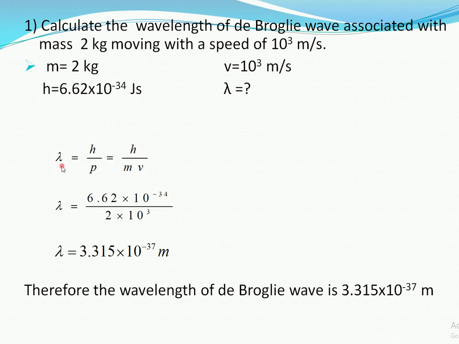The formula is lambda is equal to h upon p is equal to h by mv. Therefore, by putting this value, we get the answer 3.315 into 10⁻³⁷ meter. Therefore, the wavelength of de Broglie wave is 3.315 into 10⁻³⁷ meter.